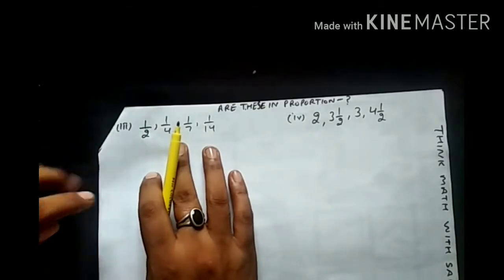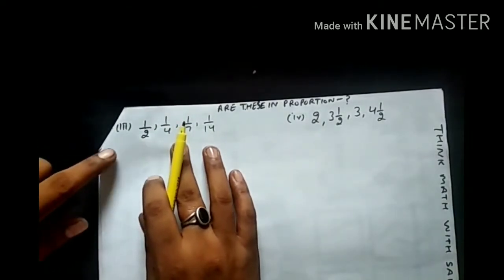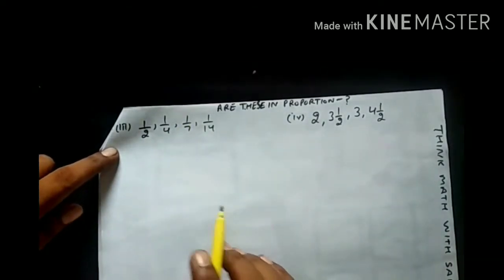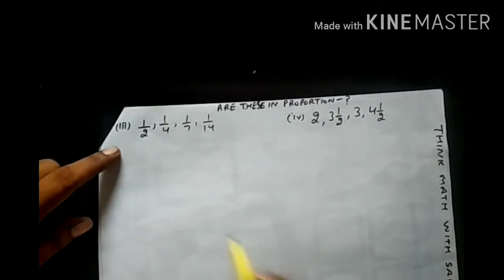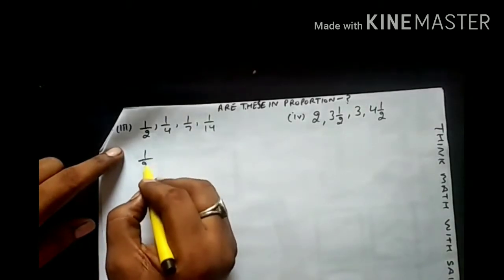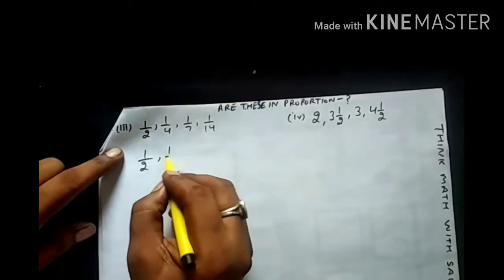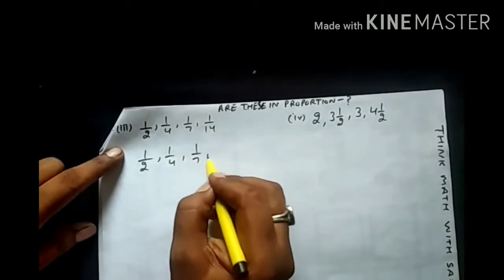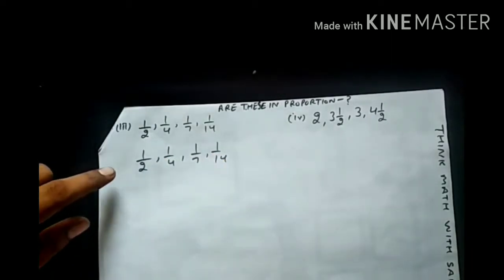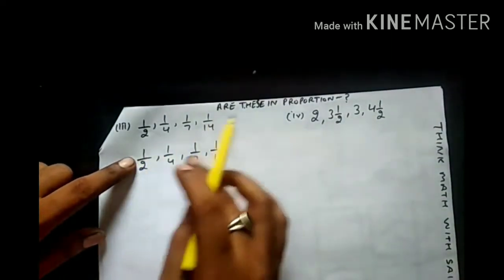Now we are on the third part: 1/2, 1/4, 1/7 and 1/14. Now students, which method must we apply here for our convenience? This is the question.